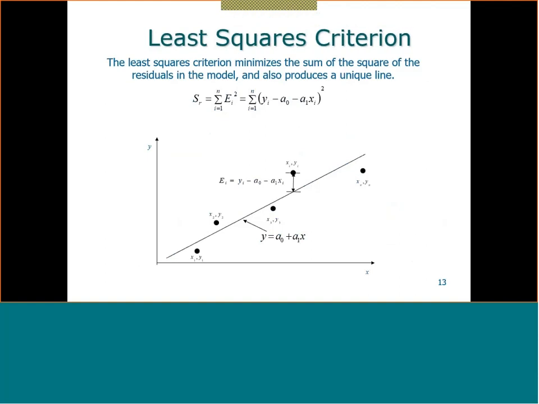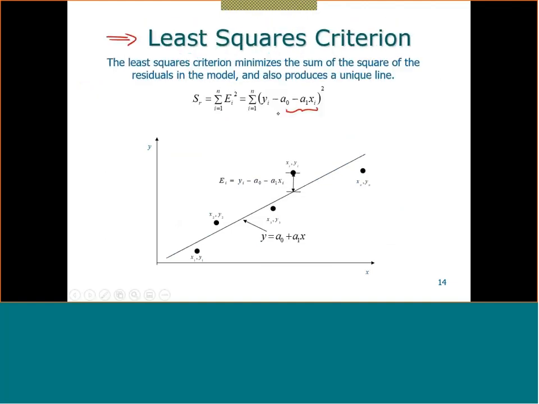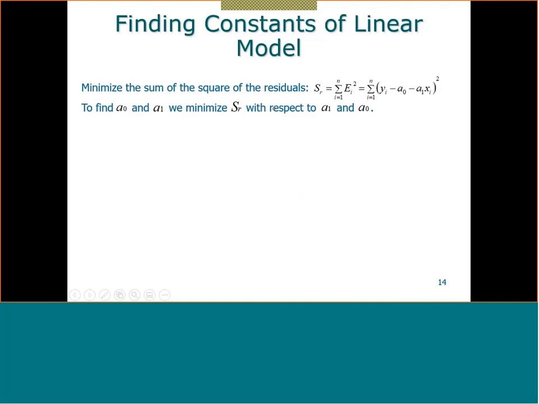Now we come to what we call the least square criterion, and this is the criterion we use. The least square criterion minimizes the sum of the squares of the residuals of the model. Here is my model, and these are my data points.